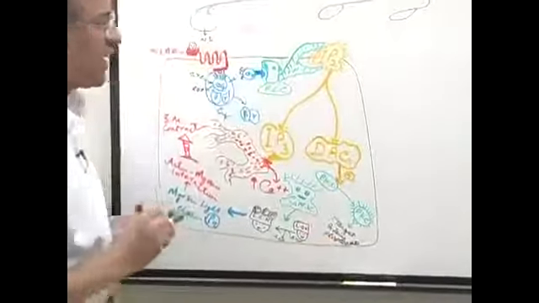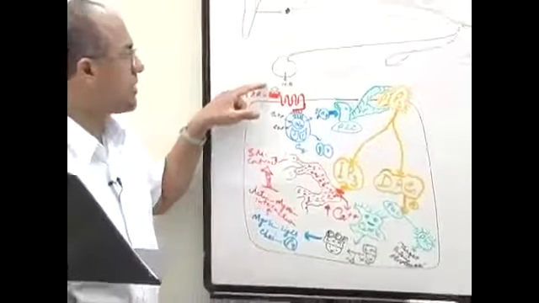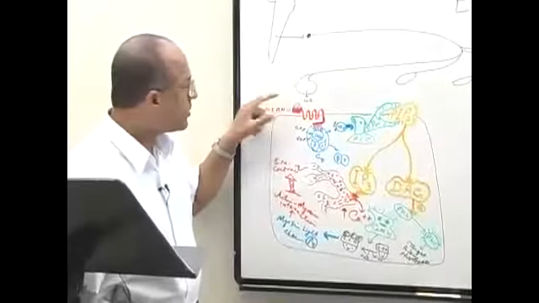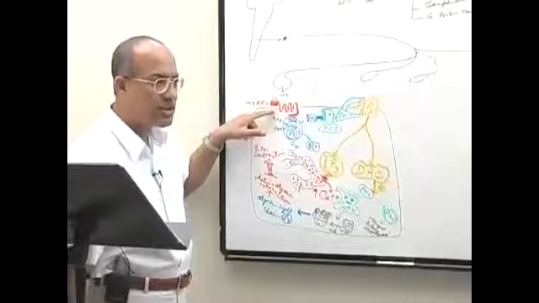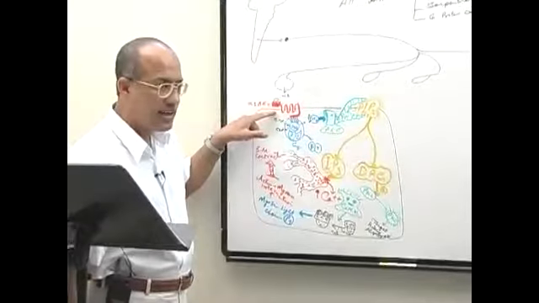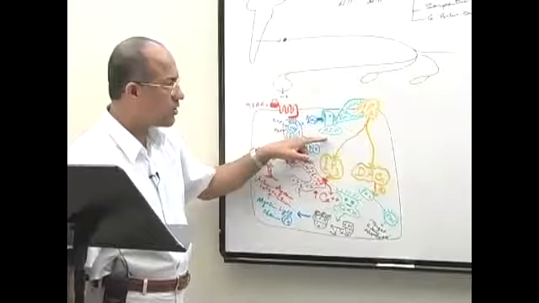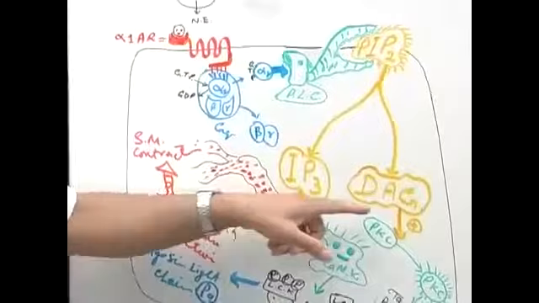So what did we really learn? We learned that whenever norepinephrine or epinephrine or any other compound having agonist action on the alpha-1 adrenergic receptor is present, it will lead to activation of intracellular Gq protein, activation of phospholipase C, and increased intracellular levels of IP3 and diacylglycerol.